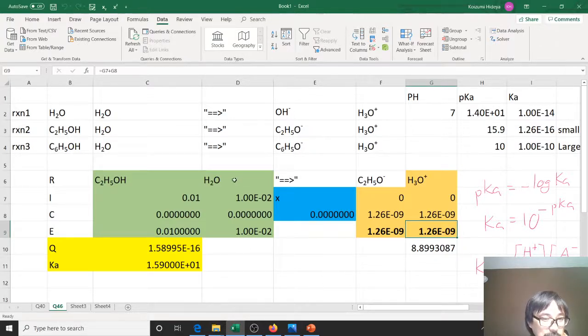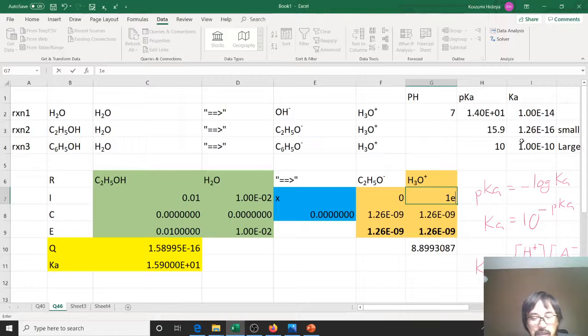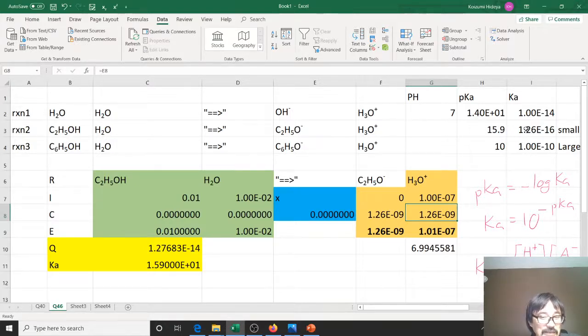What happens is the solution right here is H2O, right? So H2O actually produces 10 to the negative 7 H plus and OH minus. So what this initial value is supposed to be is actually 1E negative 7, right? And that's pretty much what you really need to figure out.